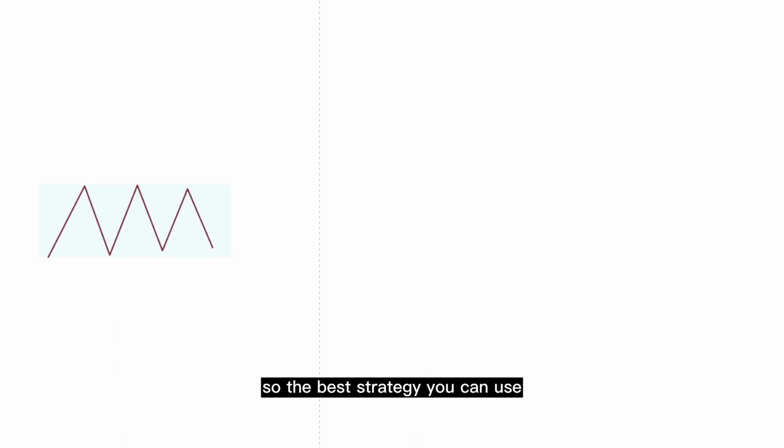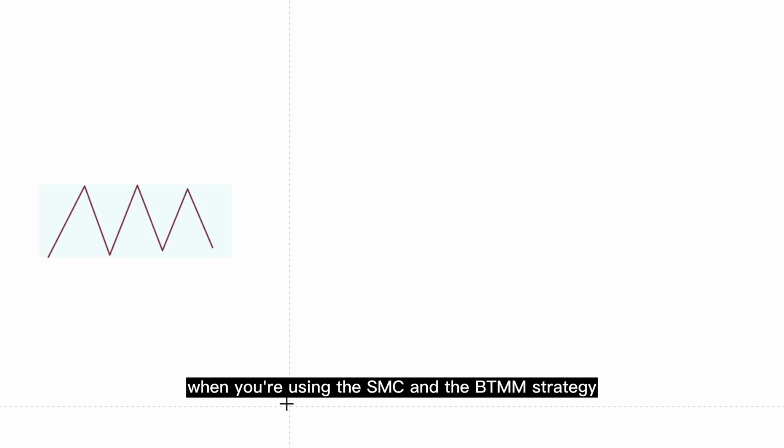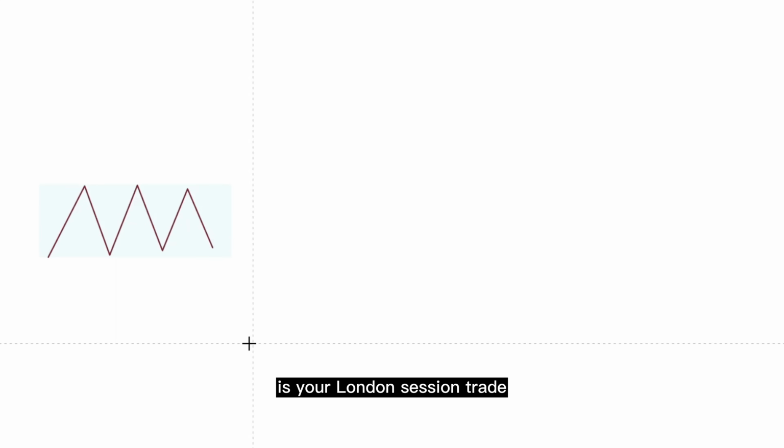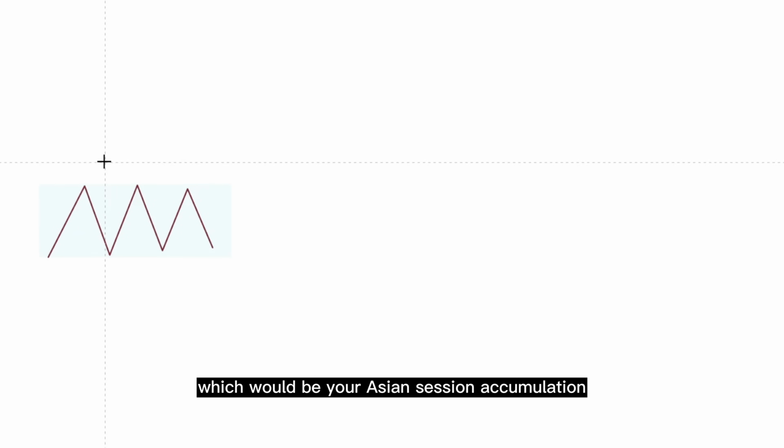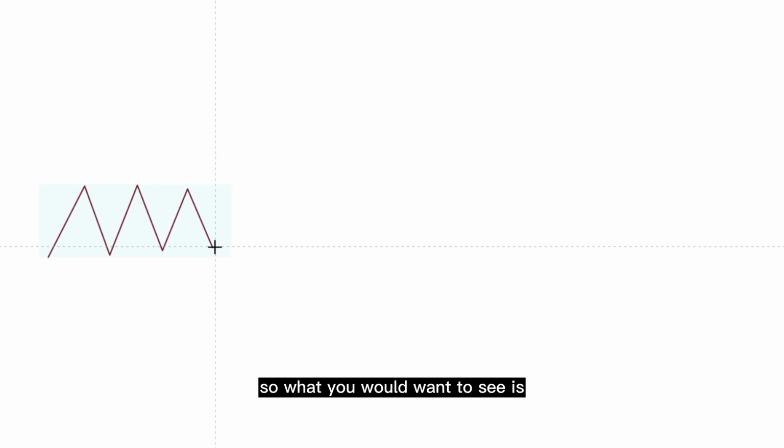So the best strategy you can use when you're using the SMC and the BTMM strategy is your London session trade. And how you would trade it is you have your range, which would be your Asian session accumulation. So what you would want to see is you would want price to manipulate.